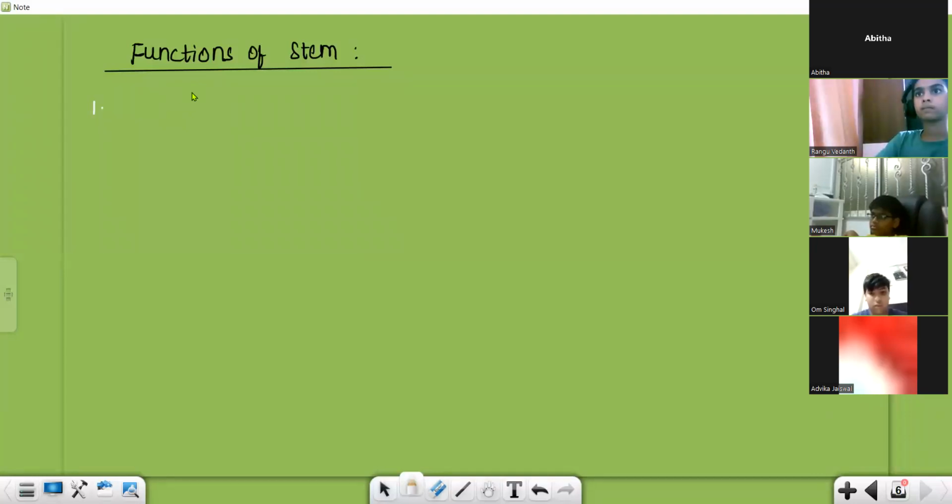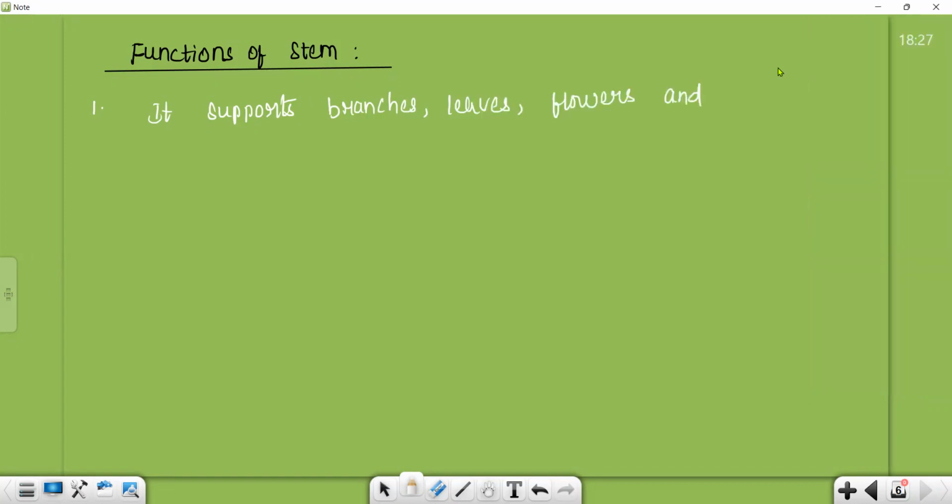It supports branches, leaves, flowers, fruits, everything on it, right? It supports branches, leaves, flowers, and fruits.